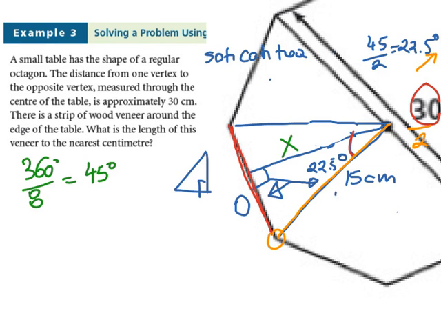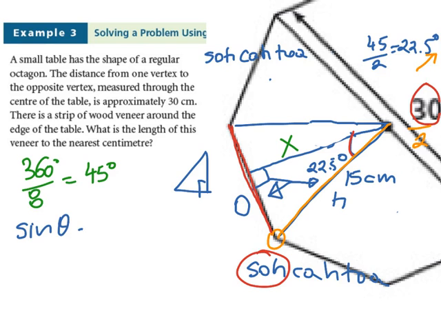We have the hypotenuse, and we're looking for the opposite, so we are going to be using sine. Sine of any angle is opposite over hypotenuse. Sine of our angle, which is 22.5, is opposite, that's what we're looking for, divided by the hypotenuse, which is 15. So we're looking for an answer that's less than 15.